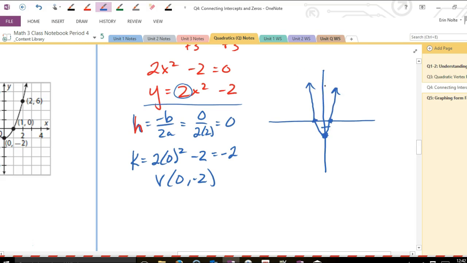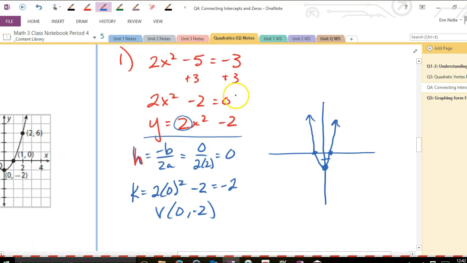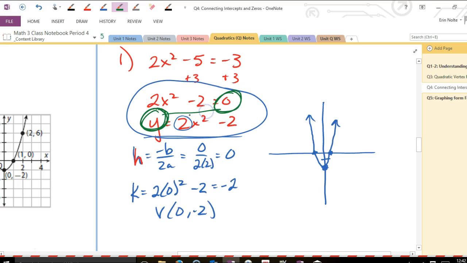So how do I use this graph to solve? Think about what we did in this step here. We set our equation equal to 0, and then we said we're going to graph y equals that same thing. So essentially what we're saying is that the y value is equal to 0. If you think about our graph, where on our graph is the y value equal to 0?